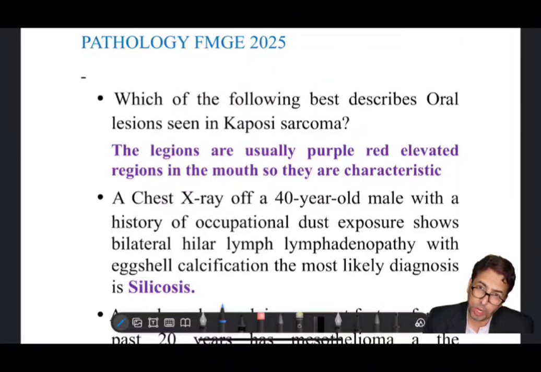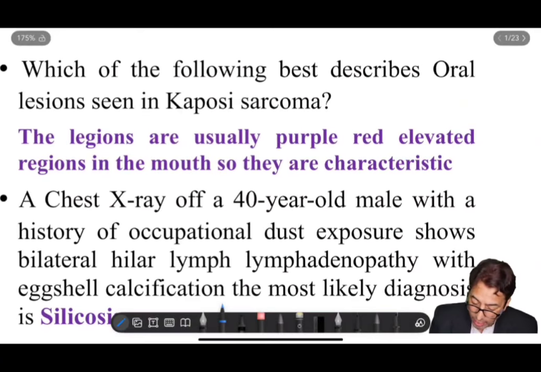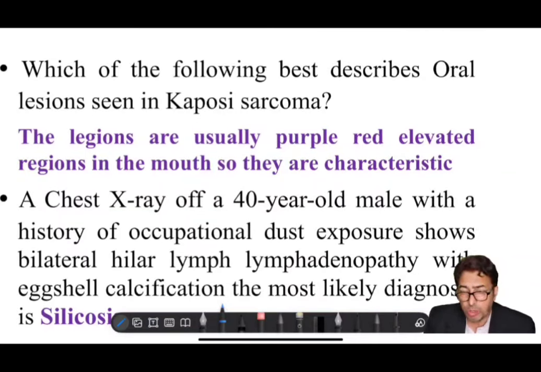Now, there are multiple choices given, and you should remember that the Kaposi sarcoma lesions are caused by the virus HHV8, and the lesions are usually purplish, and some lesions may be characteristically elevated and reddish. So the color range of the Kaposi sarcoma lesions, which might be in the oral mucosa or on the lower limbs, is reddish or purplish.